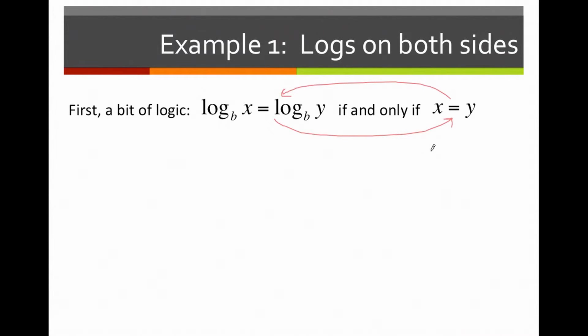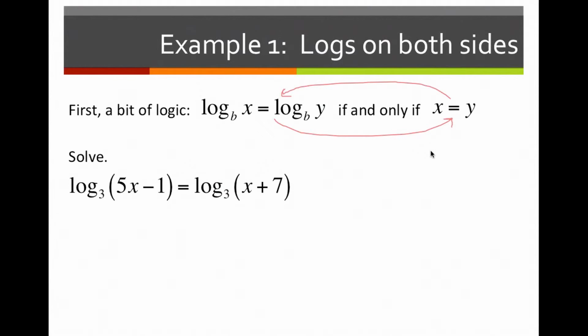So using that idea, if I'm asked to solve an equation like this, where the log base 3 of 5x minus 1 has to equal the log base 3 of x plus 7, we're taking the log of x, this 5x minus 1 is like this x right here, and we're saying it has to equal the log of this y, this x plus 7.